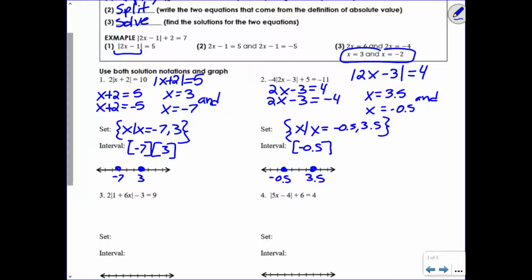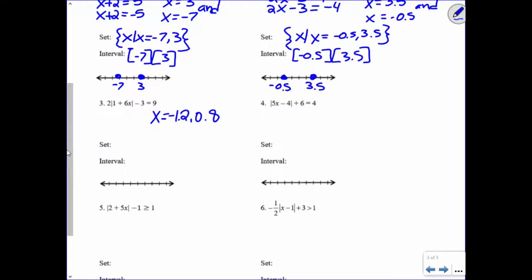Write out your interval. Same system that we had before. So these are the 2 numbers. You can write them as fractions too if you would like, but I will typically use decimals. Those are the two numbers that you should have gotten. The word and or or is somewhere involved in there, and then you write set notation. And then again, you pick two little dashes on there.